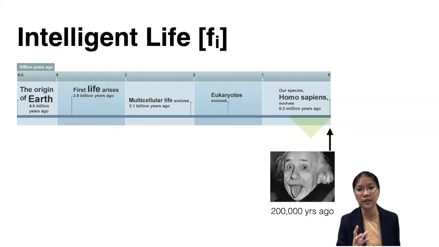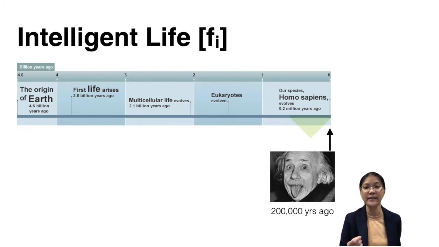We know that the Earth and the solar system formed 4.6 billion years ago. And at first, there's probably no life, just complex chemistry. And the first evidence for life that we know is from 3.8 billion years ago.